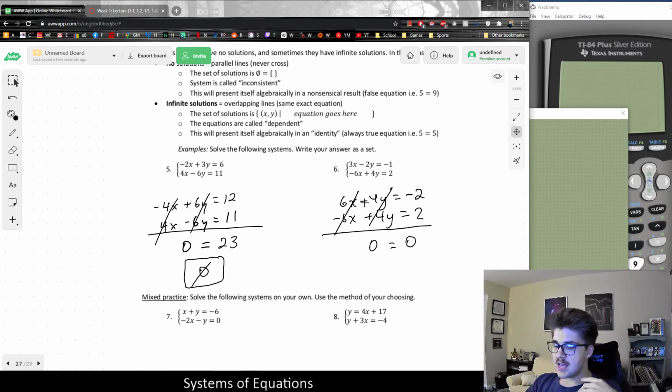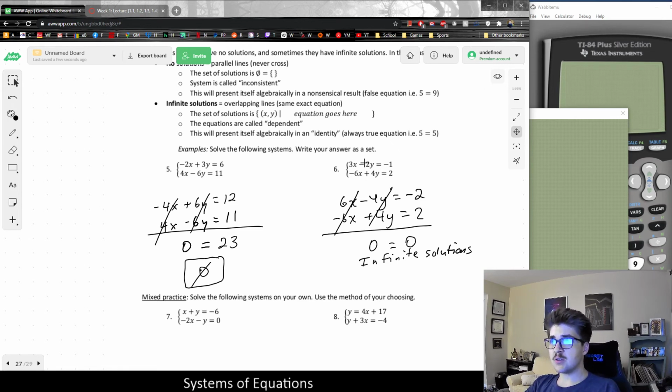I've seen a lot of students write for their solution to this just infinite solutions, and that's how they stop. Which is not wrong, but it's not very specific to what our answer is. There's a better way of answering this. Instead of just writing infinite solutions, we could actually specify what the solutions are.